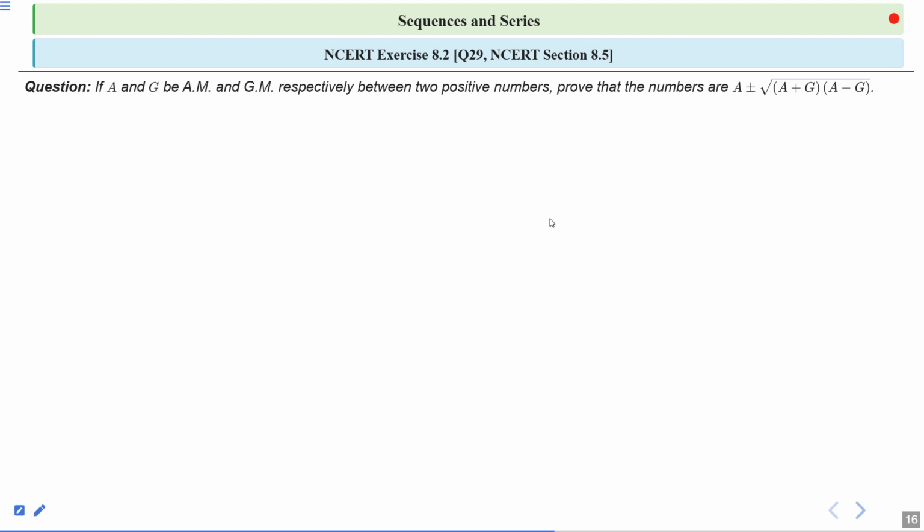Basically we have given here A and G are AM and GM respectively between two positive numbers, and we have to prove that the numbers are A plus minus square root of (A plus G) multiplied with (A minus G). So let us see the solution now.